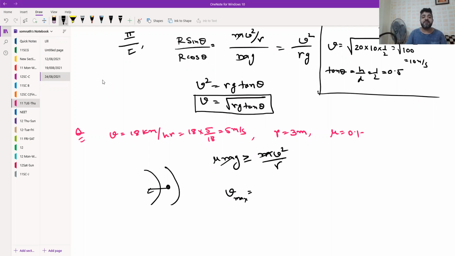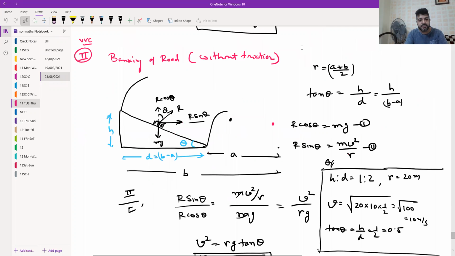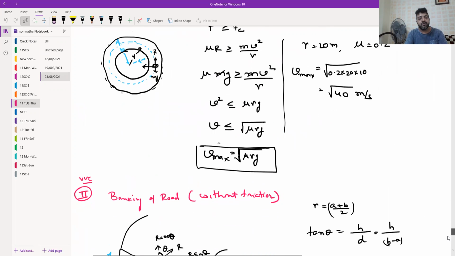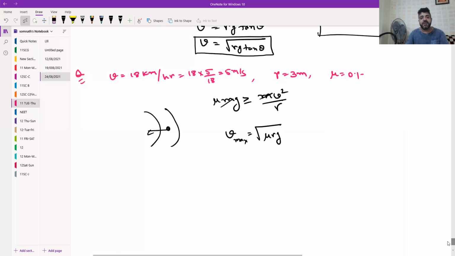Maximum speed you can afford in this situation, that is root under mu rg. See, I already showed it to you in the first case. This one, root under mu rg.